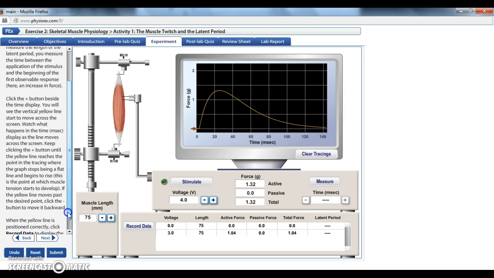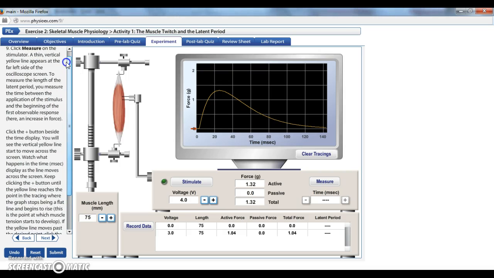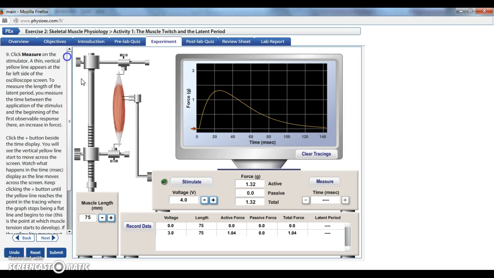This is the part that students have a hard time with, so I wanted to show you this. It gives you the instructions here. Basically, you have to click measure first. Then over here on the time, you're going to click the plus sign button, and you'll see that yellow line move.